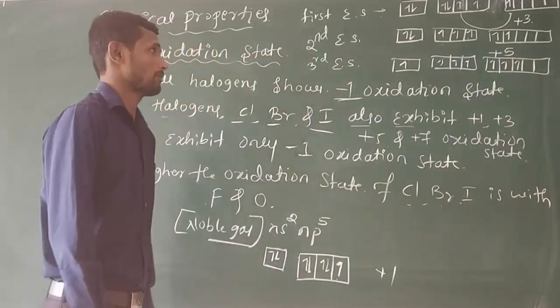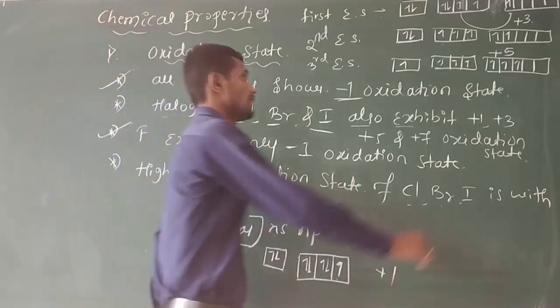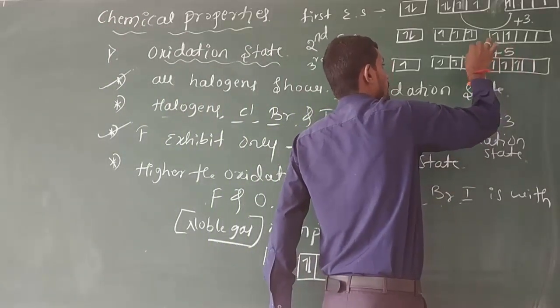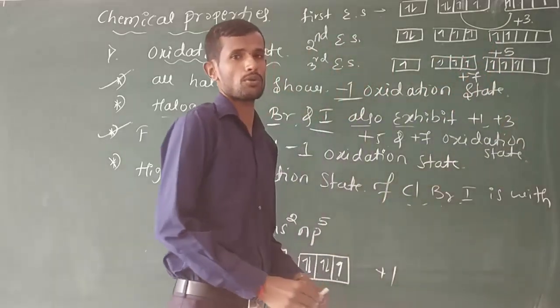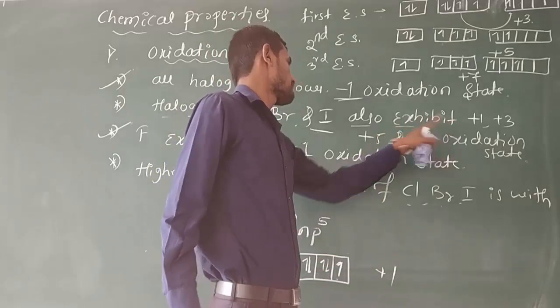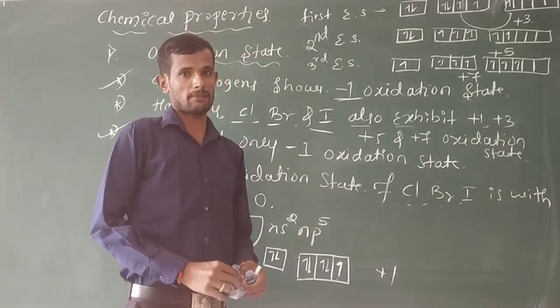Okay, 5 electrons. Now how many unpaired electrons are present here? 1, 2, 3, 4, 5, 6, 7. Therefore, these halogens show +1, +3, +5 and +7 oxidation states.